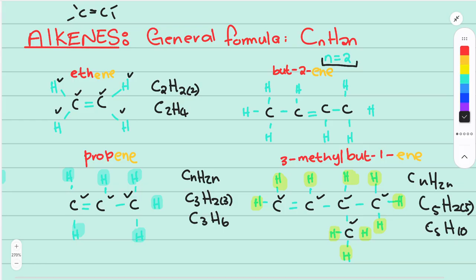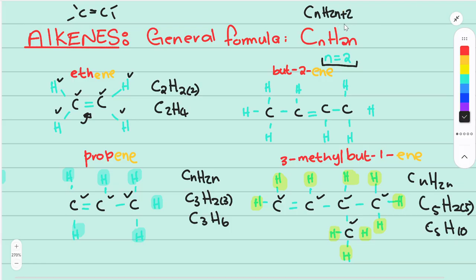And then notice again, guys, when you have an additional or extra bond in the general formula, let's look at alkanes. Alkanes have one less bond between carbon atoms, so it becomes CnH2n plus 2.